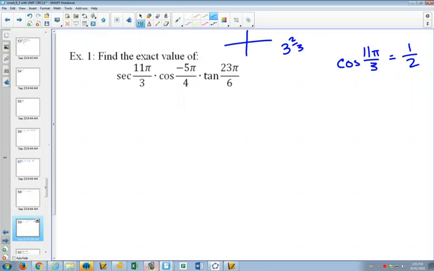And if you think about ending at 3 pi and going another 2/3, you'll go past half. It's going to end in quadrant 4. So because it's in quadrant 4, cos is going to be positive. So cos of 11 pi over 3 is 1/2. That means secant 11 pi over 3 will be 2 over 1.